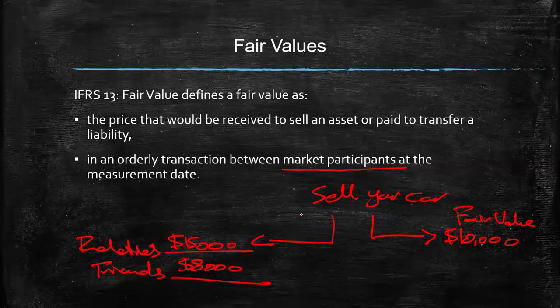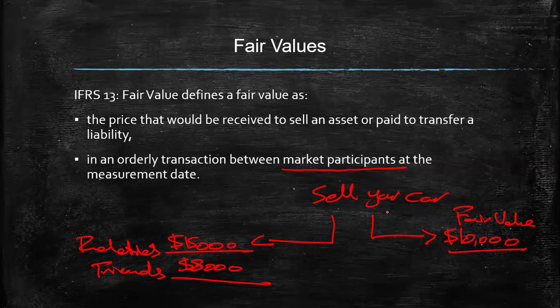The fair value of the car is a price that you're able to decide upon with a complete stranger, that represents the true value of the car that you'll be able to get from a market participant, from someone whose sole interest is buying the car, getting good value for their money. And in that case, you are not willing to give them a discounted price either.